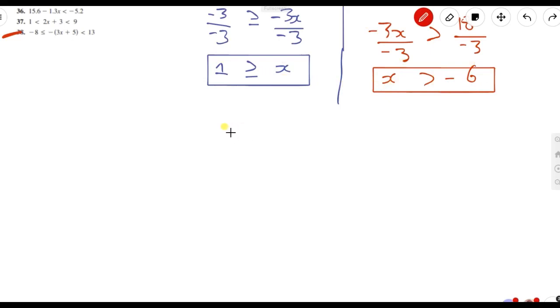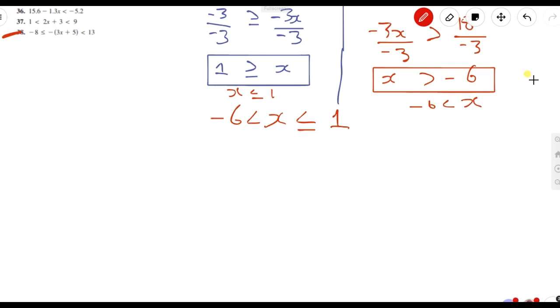If you combine these two, you write -6 is less than x, and x is less than or equal to 1. Am I right? Because 1 is greater than or equal to x means x is less than or equal to 1, and -6 is less than x.